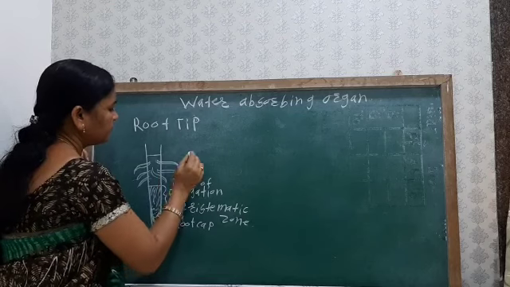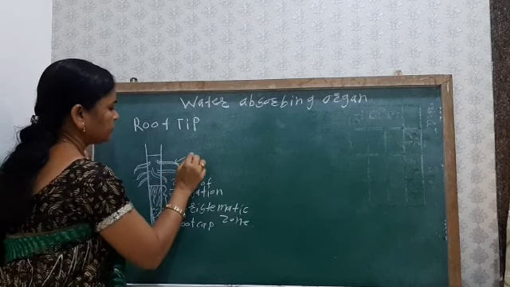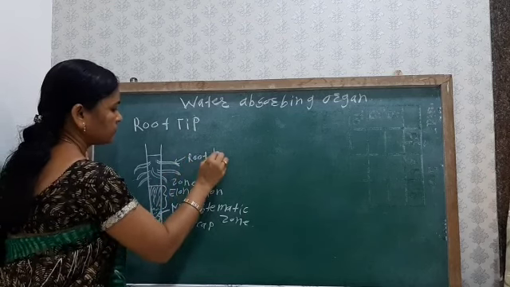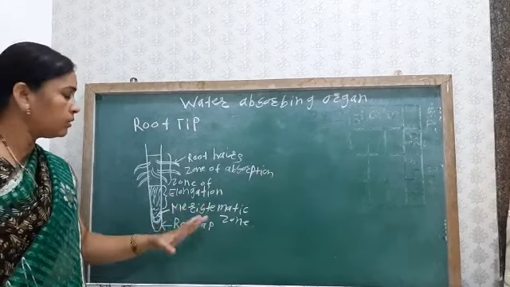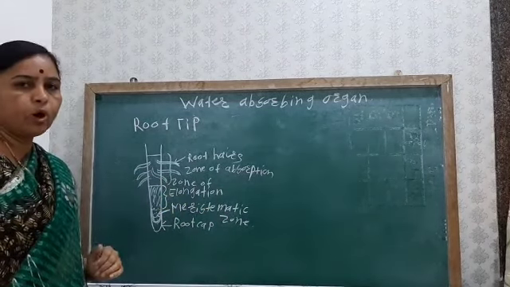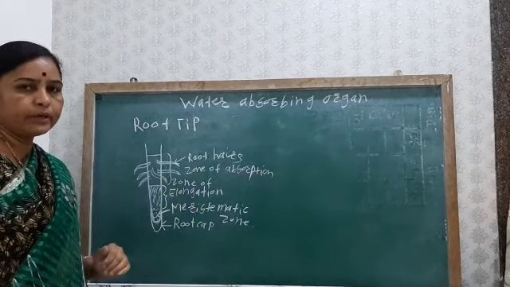Water is mainly absorbed at this region. Water is not absorbed by the meristematic zone or the zone of elongation. Water is mainly absorbed from the zone of absorption.